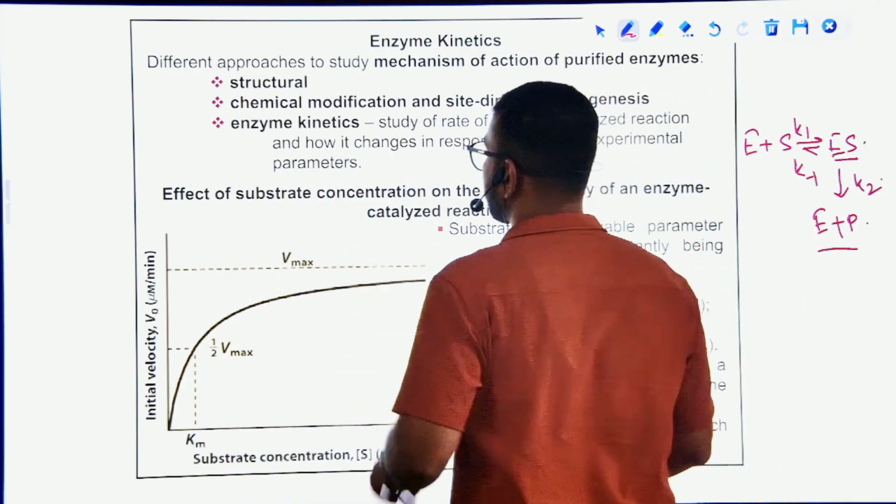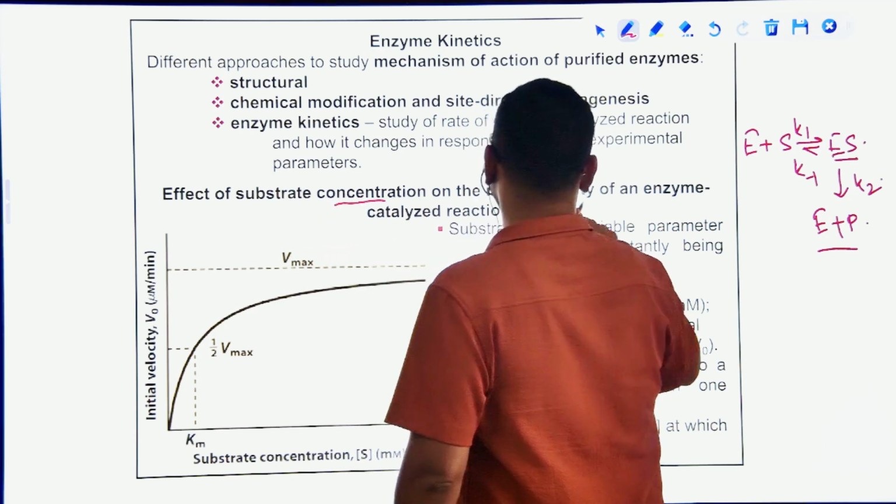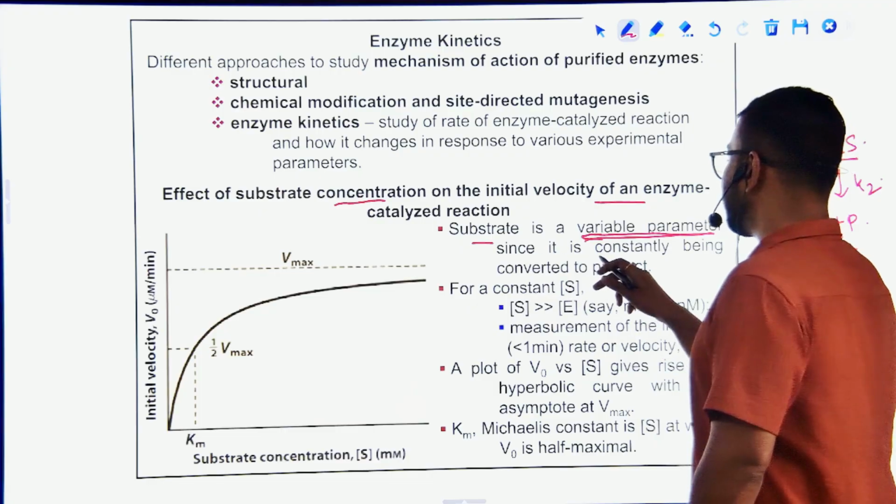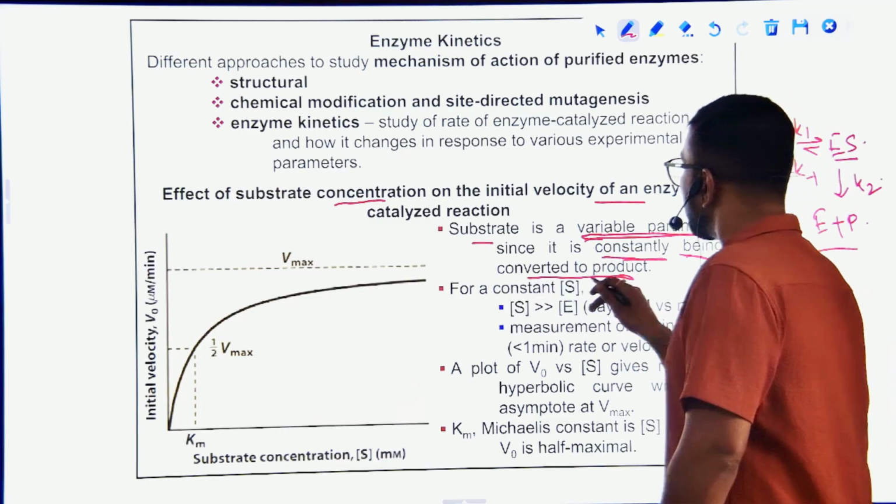This is stated over here: effect of substrate concentration on the initial velocity. Substrate concentration is a variable parameter since it is constantly being converted into product.